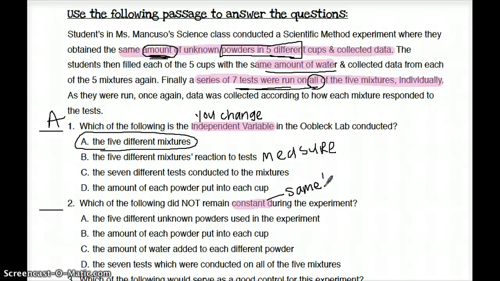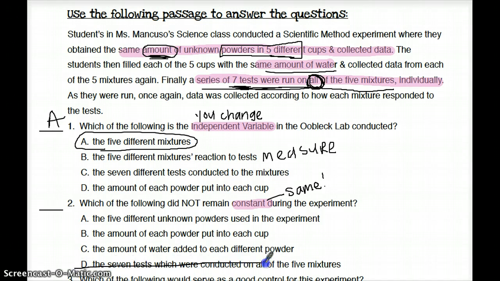So we've got to go back and look at our information. The 7 tests run on all 5 mixtures. So they ran a series of 7 tests on all of the 5 mixtures, which means every mixture had these 7 tests on them. So that remained the same because they added this to all of them.